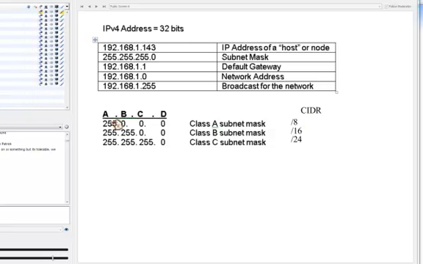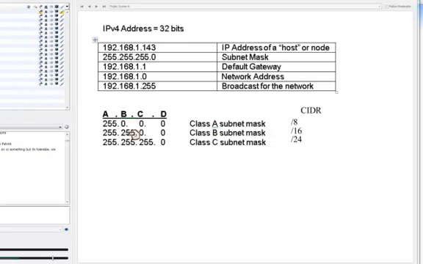So we now know one octet is 8 bits. So instead of writing 255.0.0.0, with CIDR notation, I could just say 8 bits represent my network. Well, with Class B, we have two octets that represent the network.